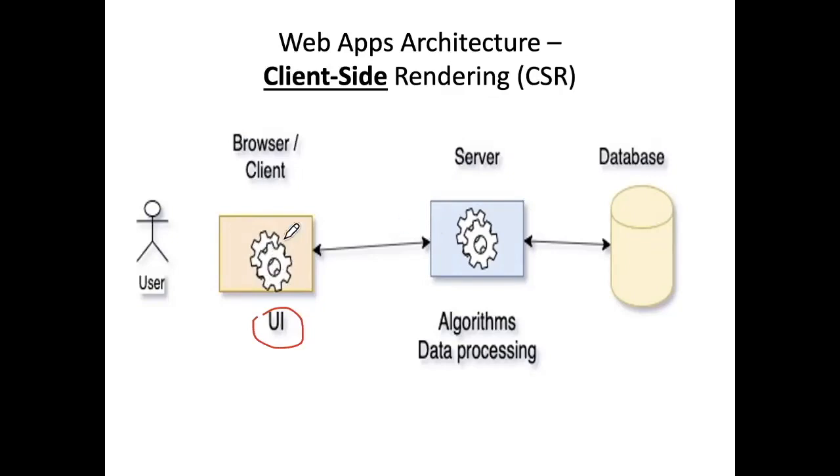It'll be loaded by the server, admittedly, and that JavaScript is now going to be responsible for dynamically, at runtime, generating the user interface, so generating the various views based again on the user interaction. And so the majority of the communication between the browser, the client, and the server is now in the form of data being sent in this direction or data being sent in the other direction.